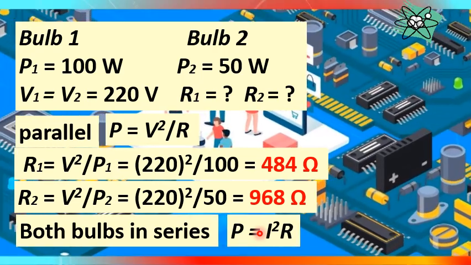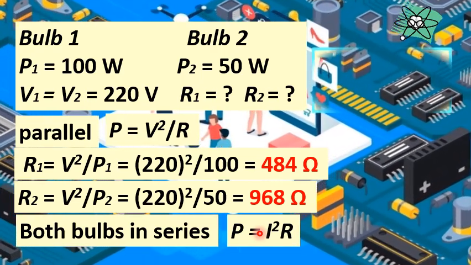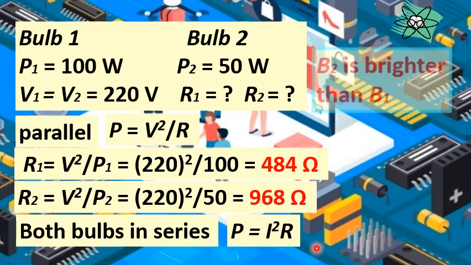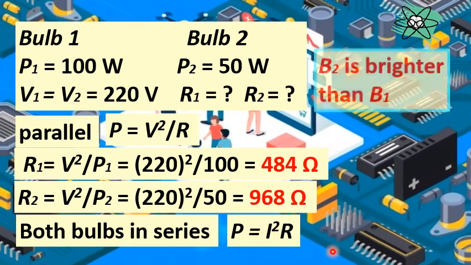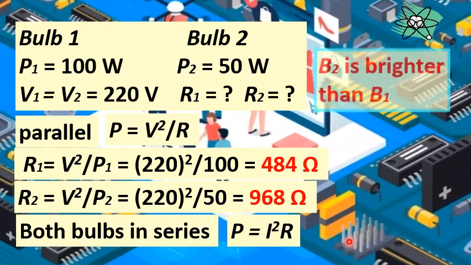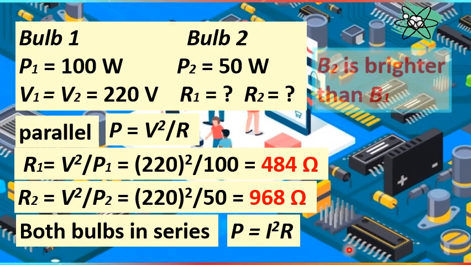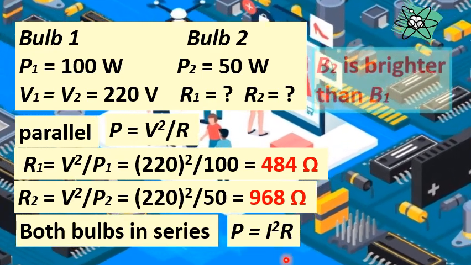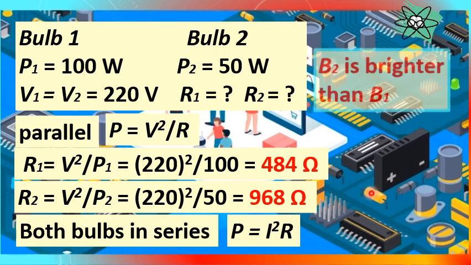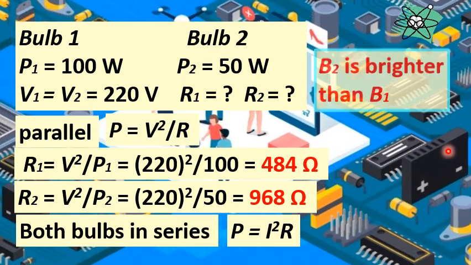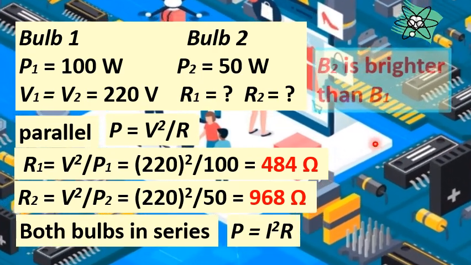In short, bulb 2 or the 50 watt bulb will be brighter than the 100 watt bulb. So that explains our answer to question number 8.